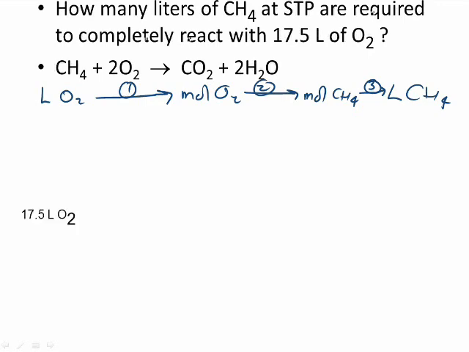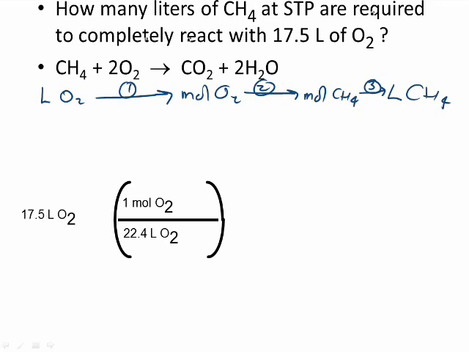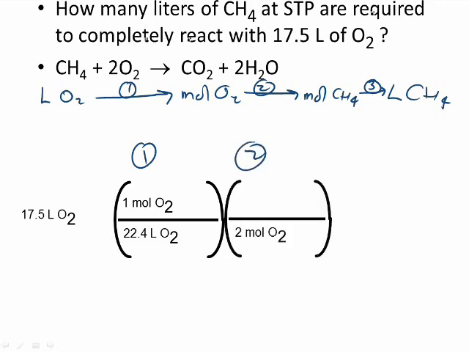We have 17.5 liters of oxygen. That's what we start with. And we have 1 mole of O2 is 22.4 liters of O2. That's the first step. The second step is from the mole ratio from the equation, 2 moles of O2 to 1 mole of CH4.